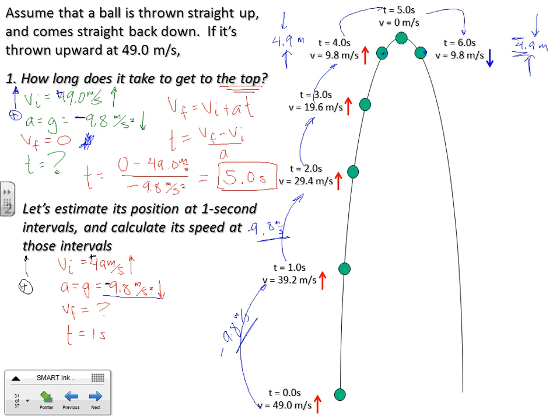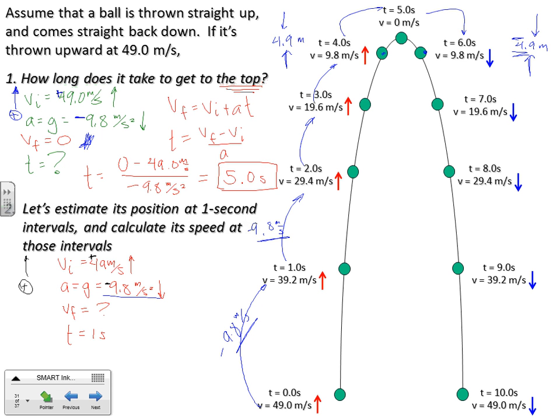As we keep going here, at time 7 seconds, and 8, and 9, and here at 10 at the bottom, we'll be at the same exact position we were going up, but now we're going down. And the speeds are the same exact speeds they were on the way up as they are on the way down. The only difference is the direction of them all has changed.